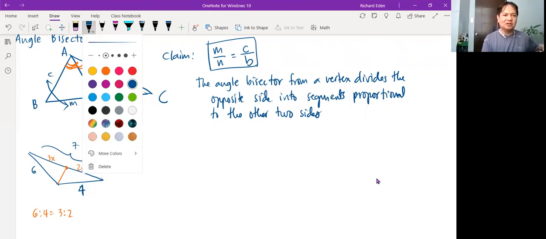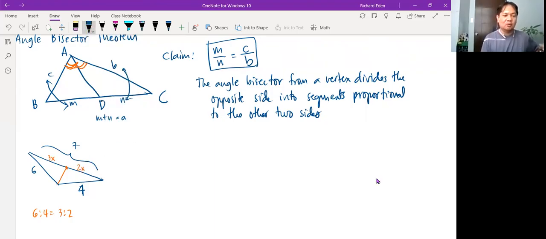If we were interested in figuring out the subdivision of that segment of length 7, then we know that 3x plus 2x is equal to 7. So x is 7 over 5.